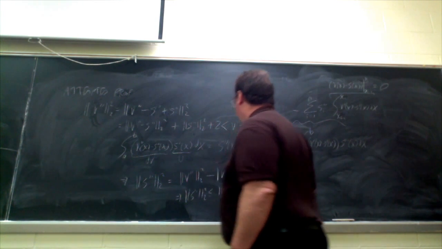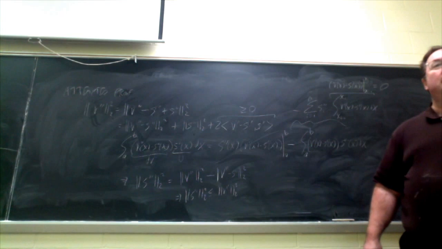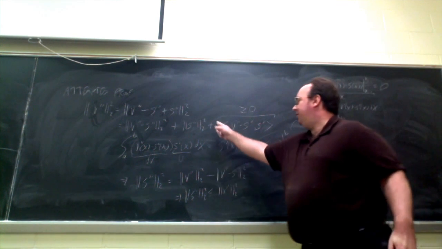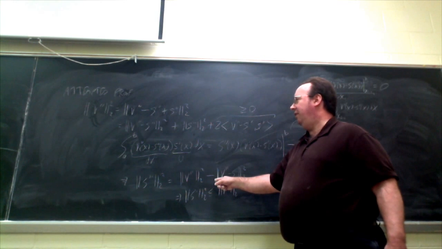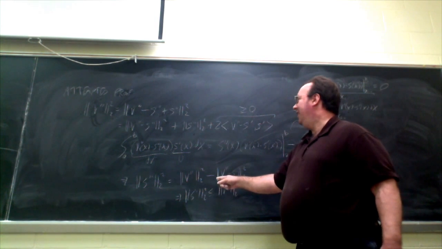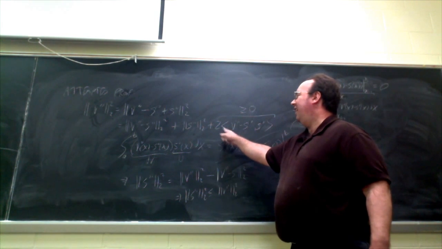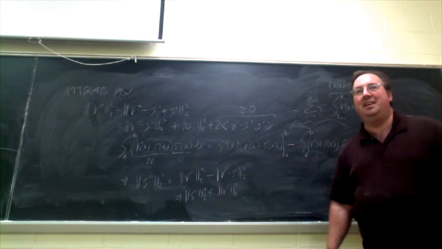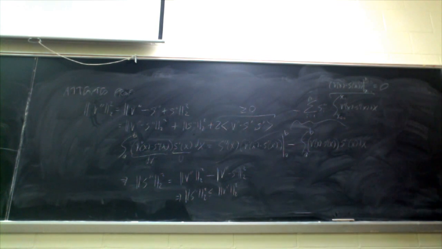Oh, is that a rule, like what you're doing with the norms? No, that's just algebra. Now that this is gone, I just rearranged. It just looks familiar. Oh, like a reverse triangle inequality kind of thing? Yeah, that's one thing. It's not exactly that. Okay, so wow, I was able to do that proof.